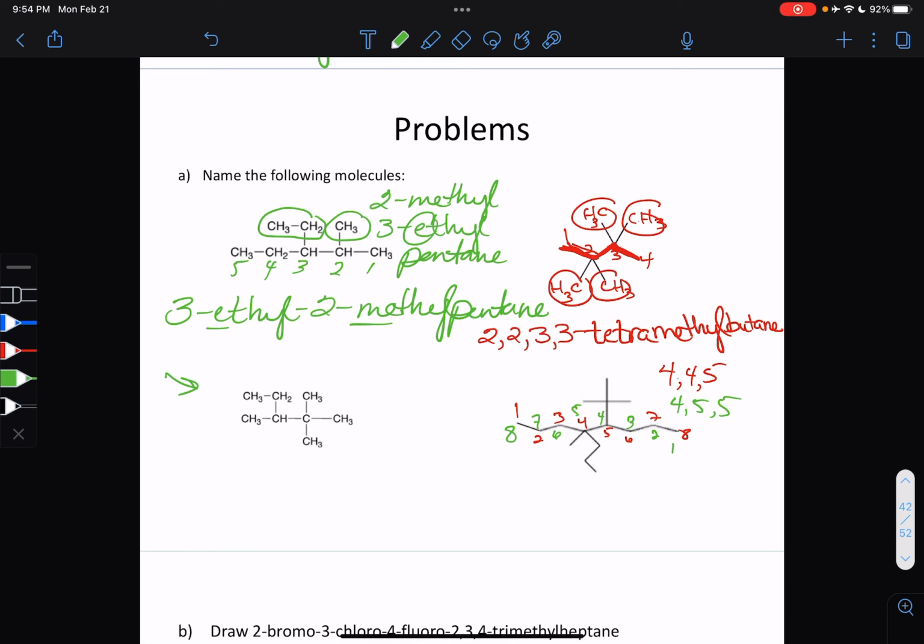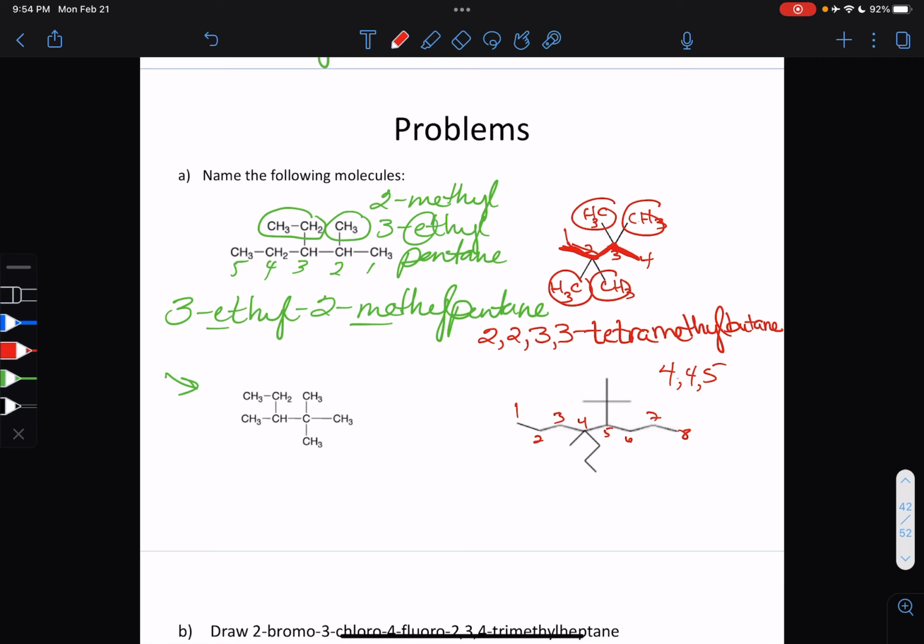Which one am I going to go with? 4, 4, 5 or 4, 5, 5? Okay, our first point of difference is right there. And 4 versus 5, the lower number wins. So we're going to do the red numbering system. There we go, right there, friends.